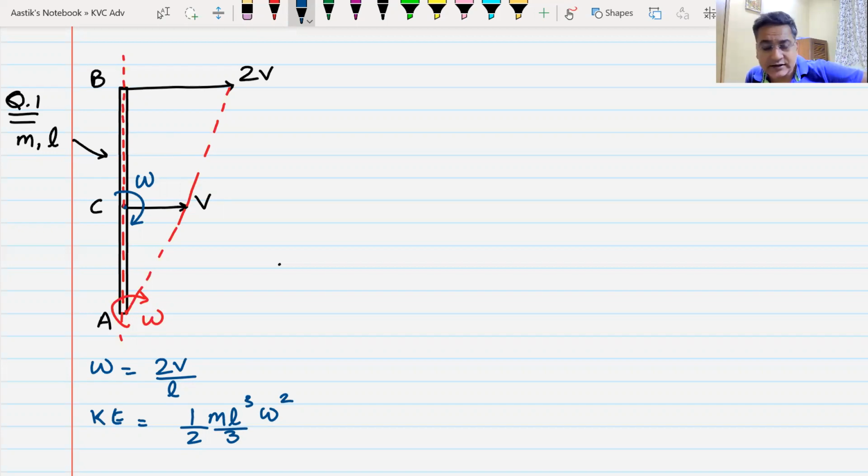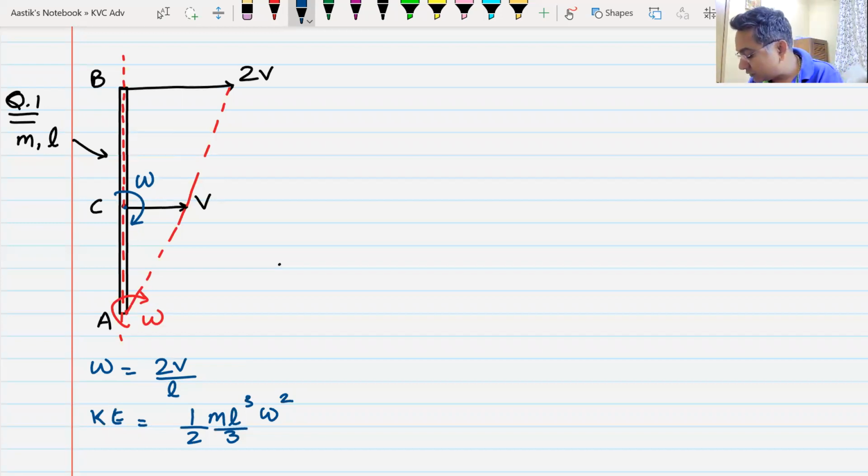You get the kinetic energy of this rod. Anyone understands this? Yes or no? I hope everyone got this answer. Shall we move ahead? Yes, sir.